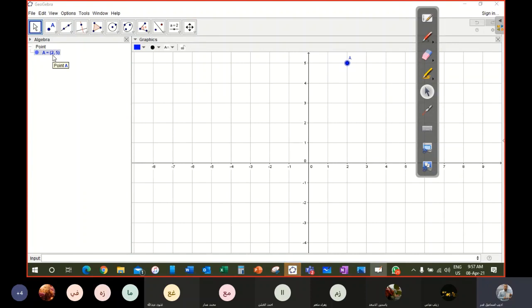Is the abscissa. And 5 is what? Is the ordinate. Let's take another example. Where is A located? In what quadrant is A located? In the first quadrant.